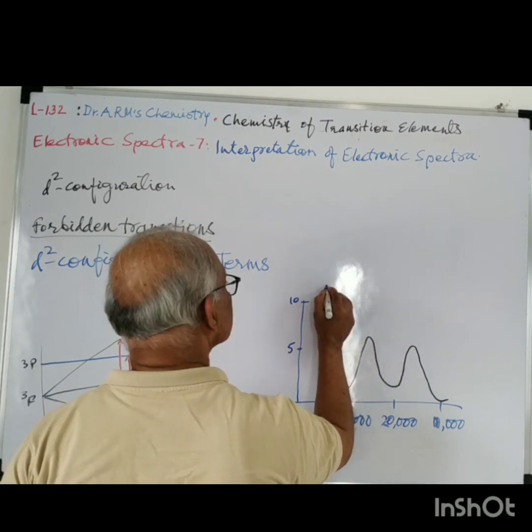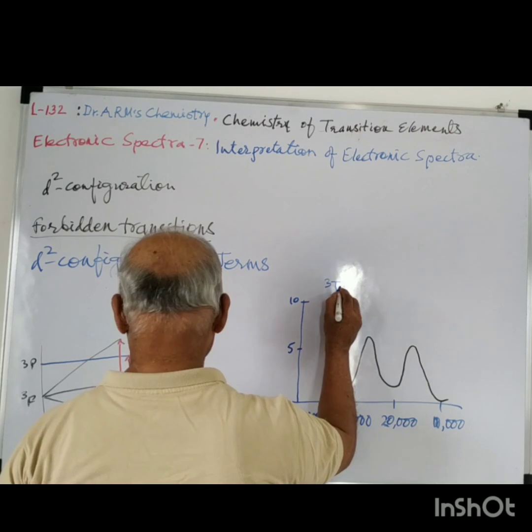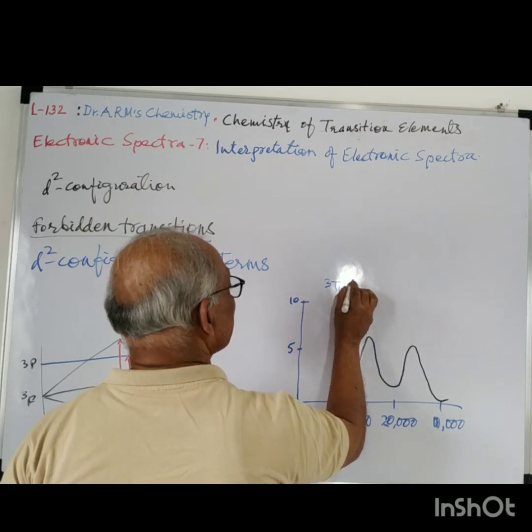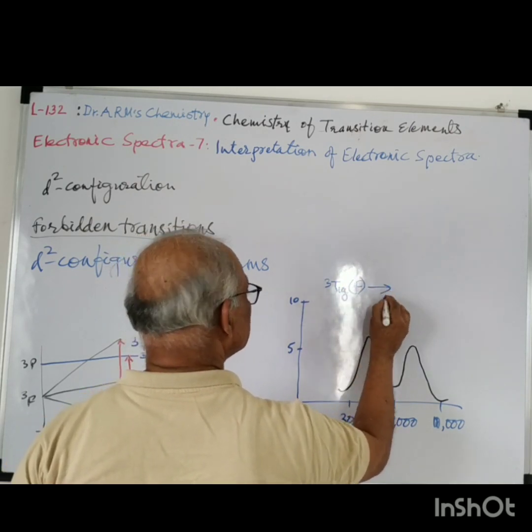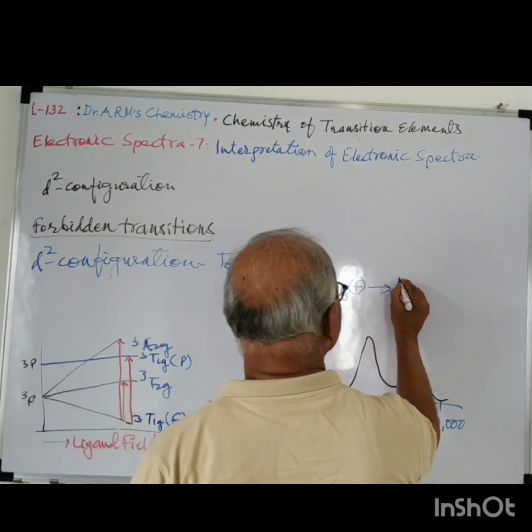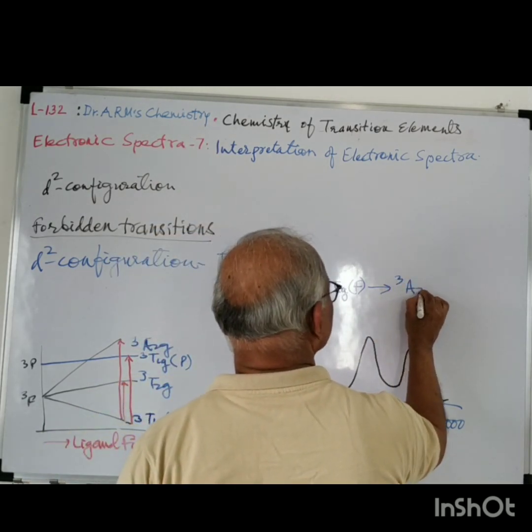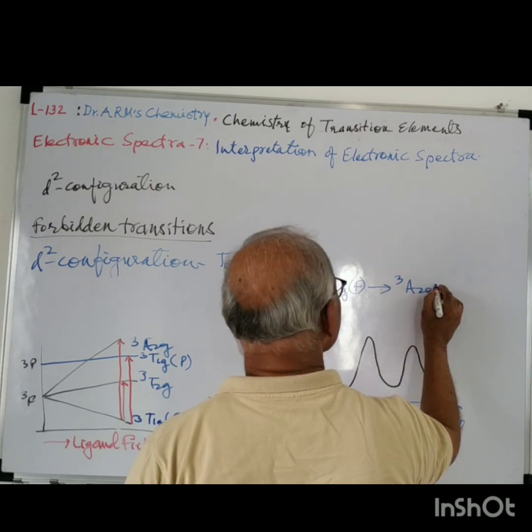So this is shown as the triplet T1G to triplet A2G transition.